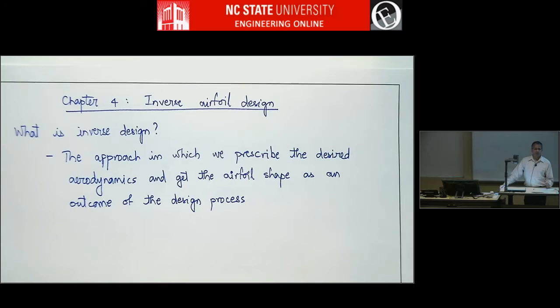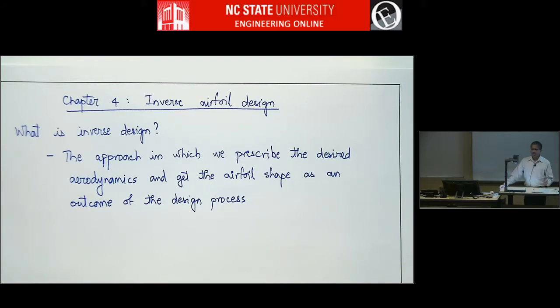So in a direct procedure, you will give the geometry of an airfoil, then you'll go run X-foil or something and you'll say, okay, this is the performance. Now, this is not what I want. I want less drag here, more lift there, or something like that. Then you'll say, okay, how do I do that? You'll go and change the shape of the airfoil and then run it in X-foil and see how it is. Maybe it comes closer to what you want, maybe not.